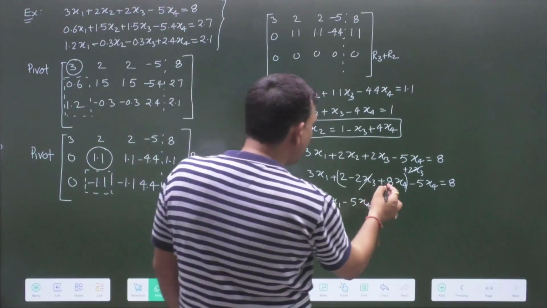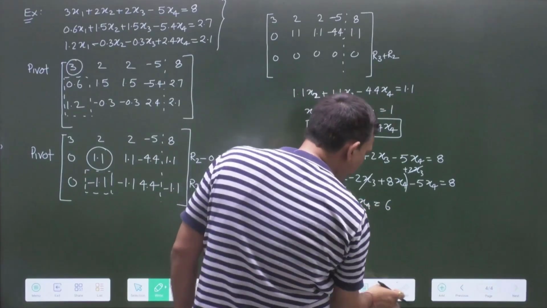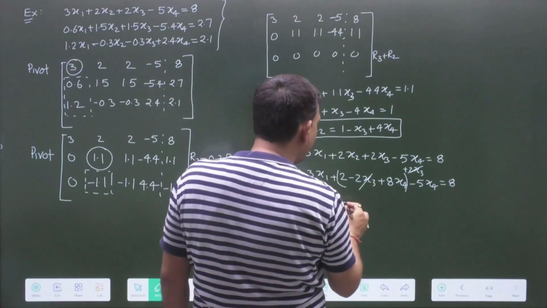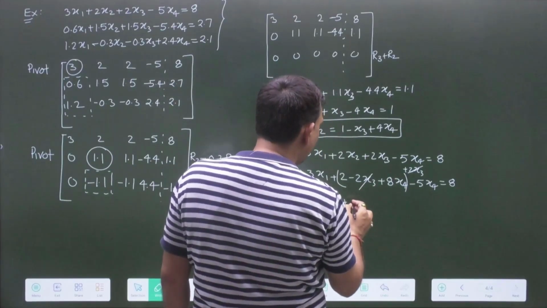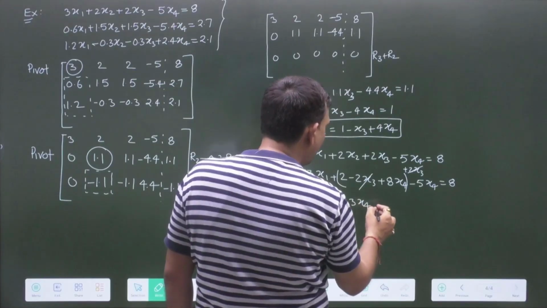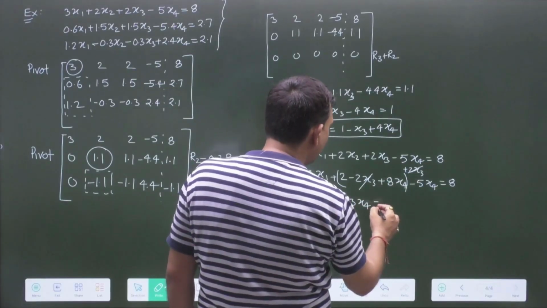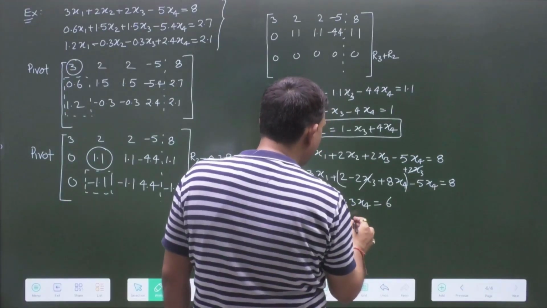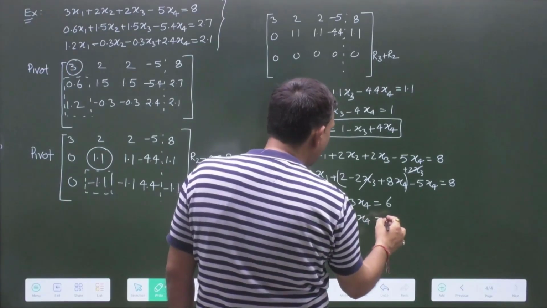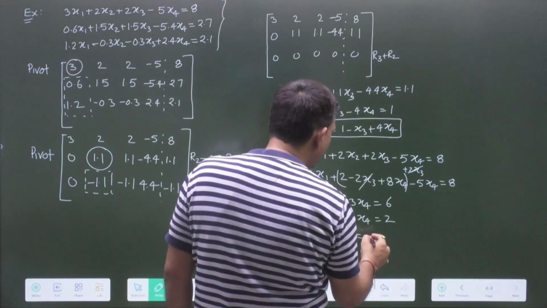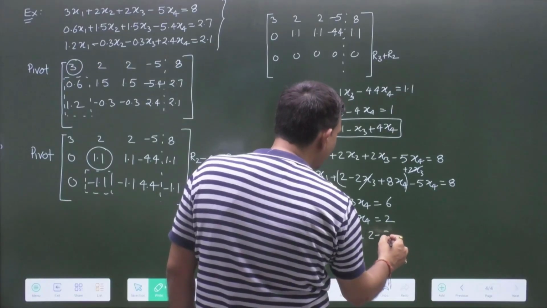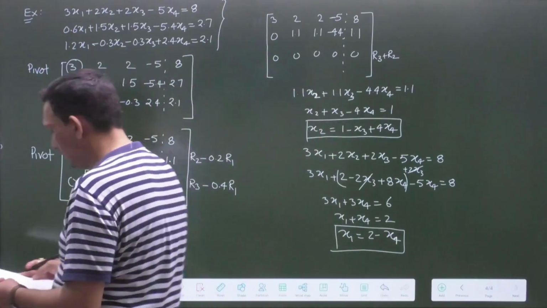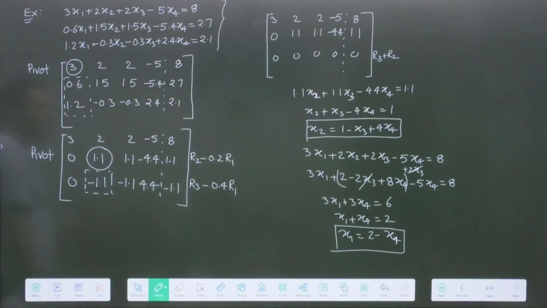So 3x1 plus 3x4 is equal to 6. So x1 plus x4 is 2. So x1 will be 2 minus x4.